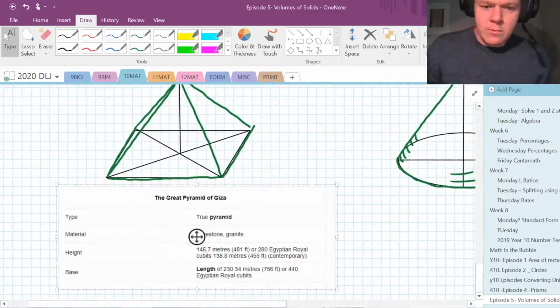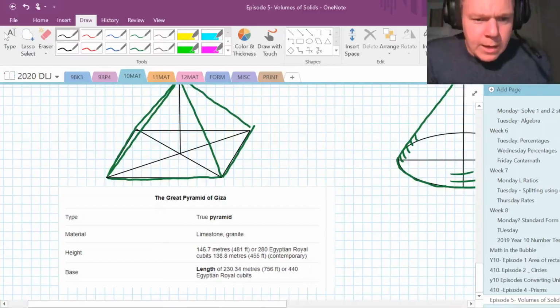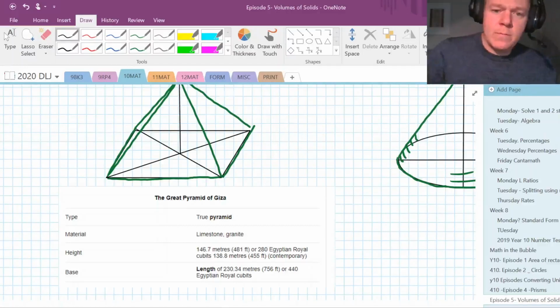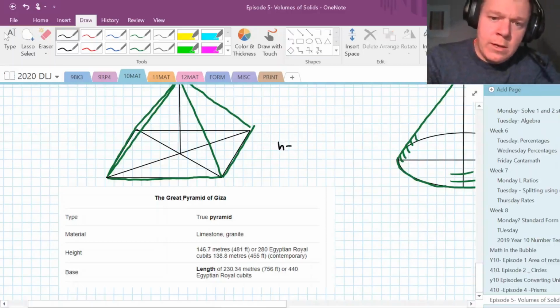Alright, I took this stuff off Google. The height is 146.7 meters. Height equals 146.7 meters.